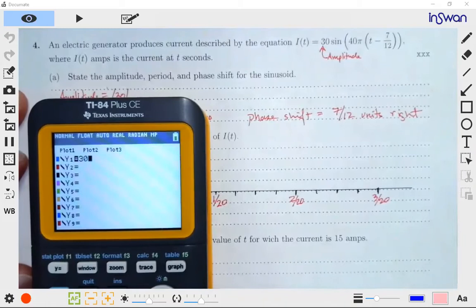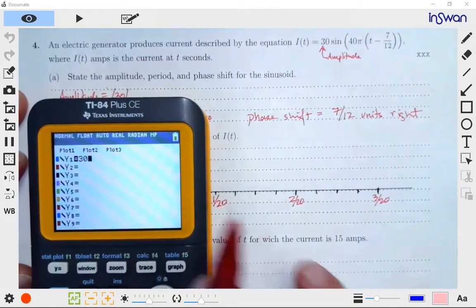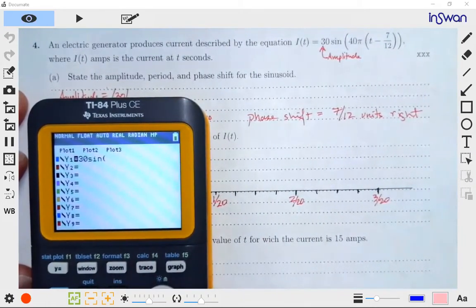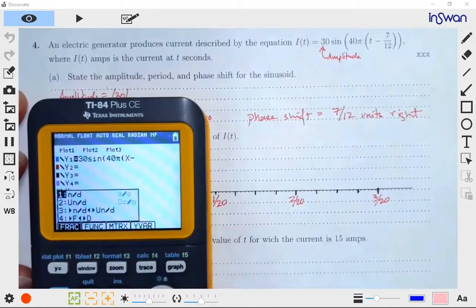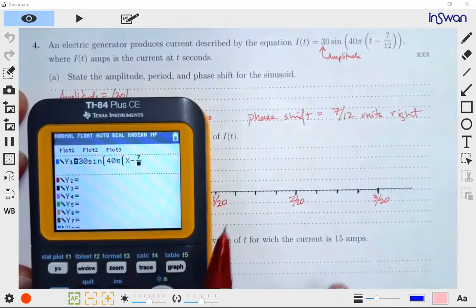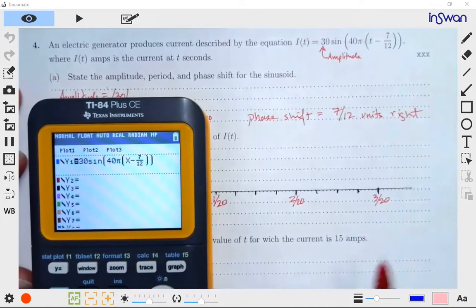I'm going to say I have 30 sine of 40 pi times my variable minus 7/12. I can use my calculator to help me have an idea as to what this graph is going to look like.